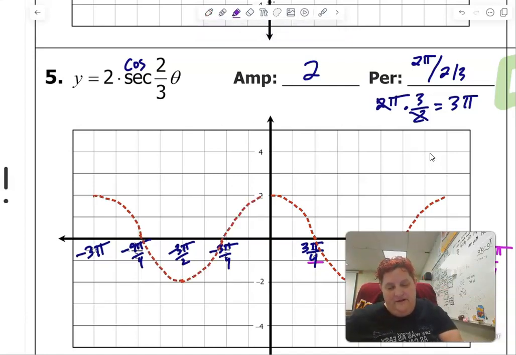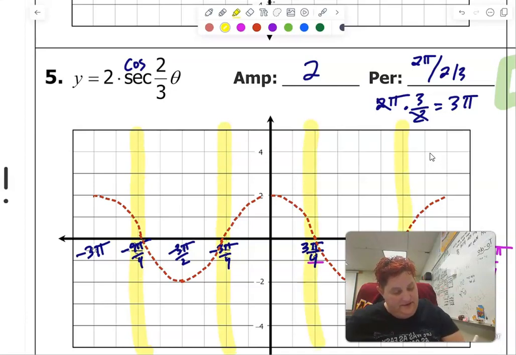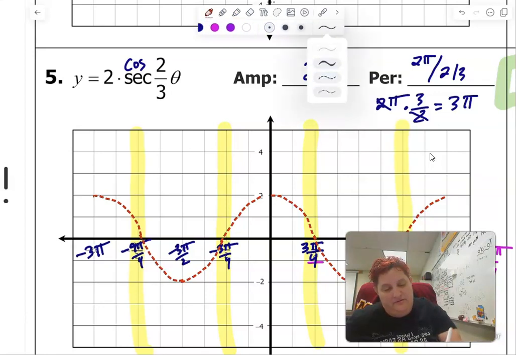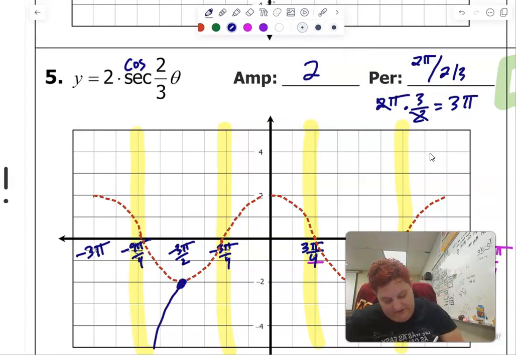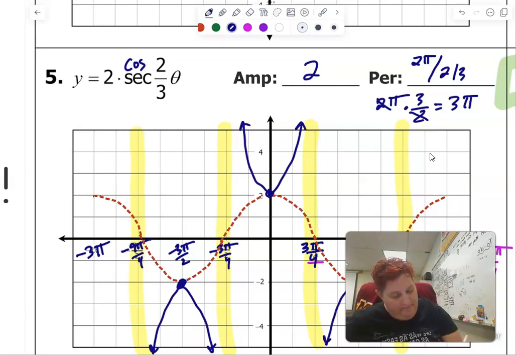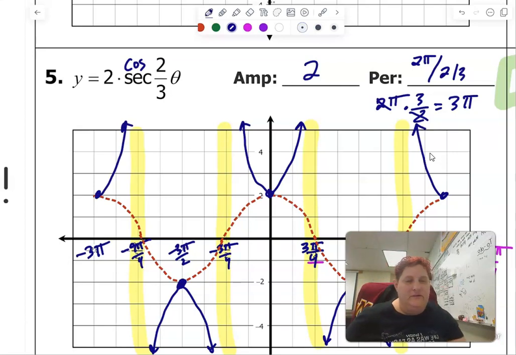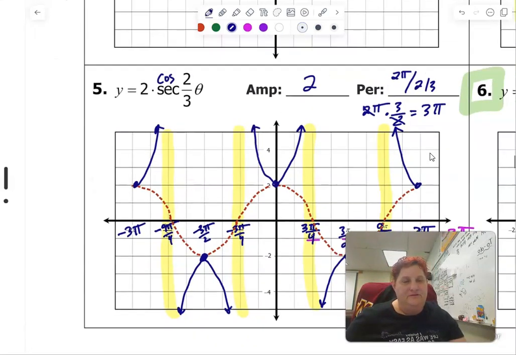And then, you don't even necessarily have to draw the asymptotes as long as you're paying attention to where that crosses the axis. That's where we need to be careful. And then I'm going to go back and draw off the ends of each of these. That guy keeps going over there, and that guy keeps going over there. So you can draw it, or you can leave it like this. All right? That's secant.